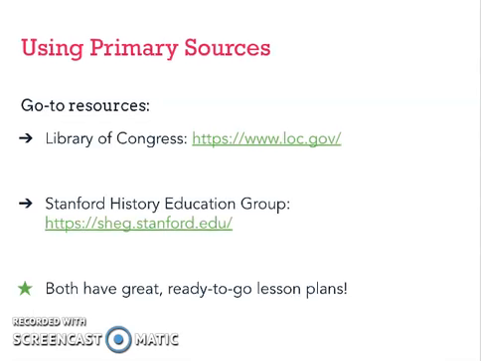So if you're thinking about using primary sources with your students, go-to resources are the Library of Congress and the Stanford History Education Group. Both have great ready-to-go lesson plans that already have all of the planning materials as well as the associated primary source documents and analysis tools that go right along with them.